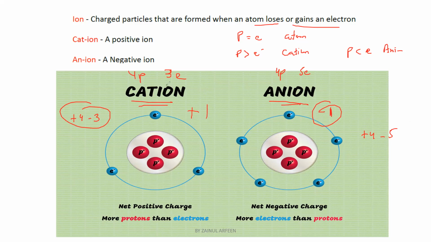And there is a reason why these specific terms cation and anion are used, which we will discuss in electrolysis. But you should be able to identify the charge by checking the number of protons and electrons. If protons are more, then it will be positive, and if electrons are more, it will be negative. Is the concept of the ions clear to everyone?